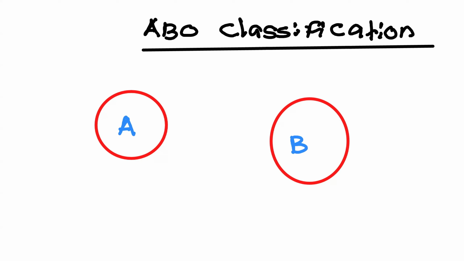So A does not like B, and B also does not like A. They have their own power and their own area. They don't like to meet each other. But the problem is they are inside the house, so they are unable to see whether B is coming to A or not.